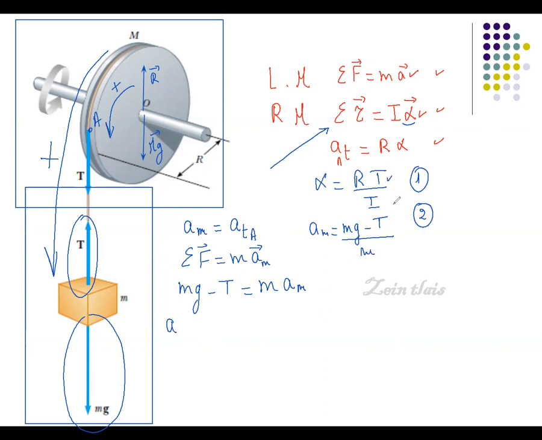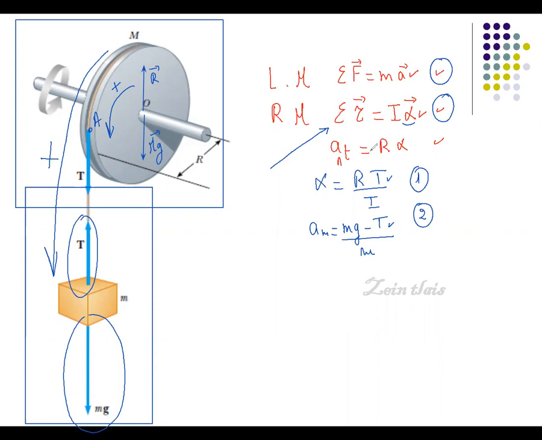We have T here and here we have T. We have to find another equation in order to calculate T. Okay, first of all, we used this equation. The second, this one. Now we can use this one to find the value of T. We have A tangent of the point A, which is equal to A of the mass M, equals R times alpha.